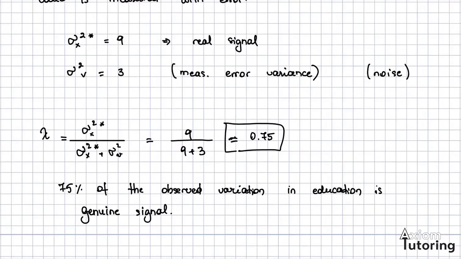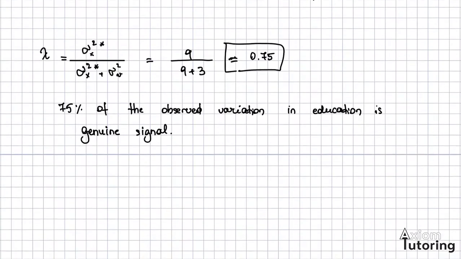And keep in mind, the attenuation factor tells you what fraction of the observed variation in X is real. So the higher that fraction, the less bias, and the lower that fraction, the more bias. So if we apply the attenuation formula, our beta 1 hat would be beta 1 times the attenuation factor.